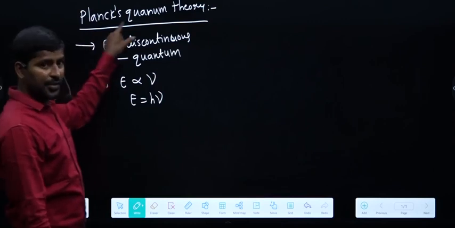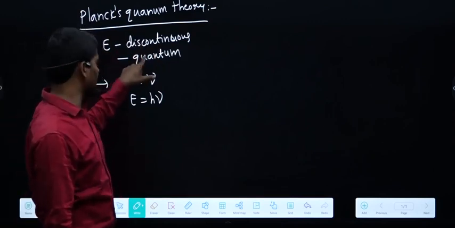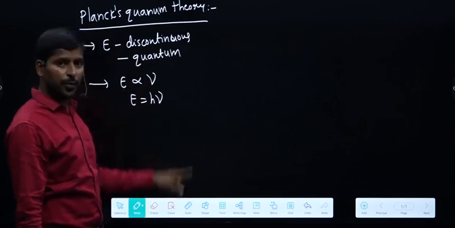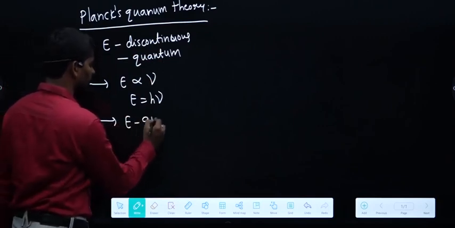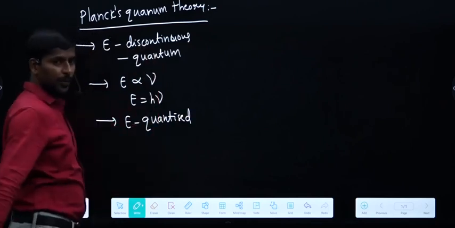Some of the assumptions in Planck's quantum theory are: energy emission is discontinuous, in the form of packets. Each packet of energy is called a quantum. Energy associated with each quantum is proportional to its frequency. And the third one is that energy is quantized. Quantization of energy is explained by Planck.